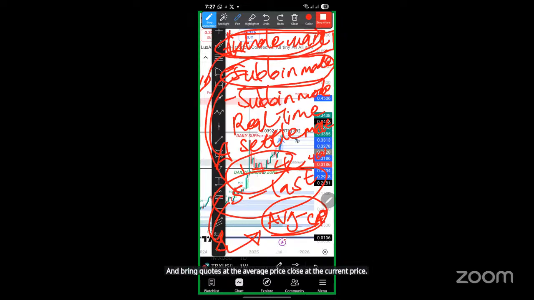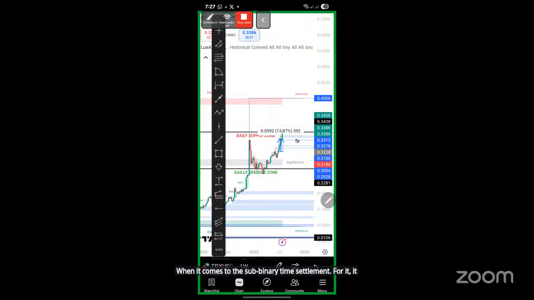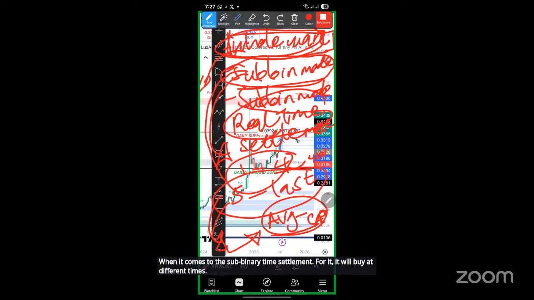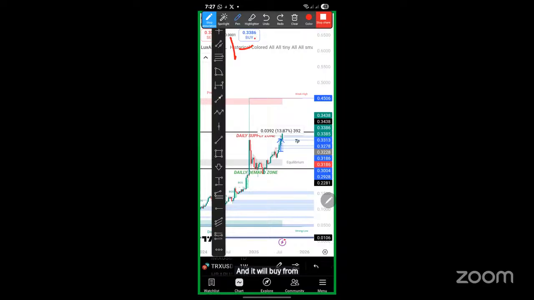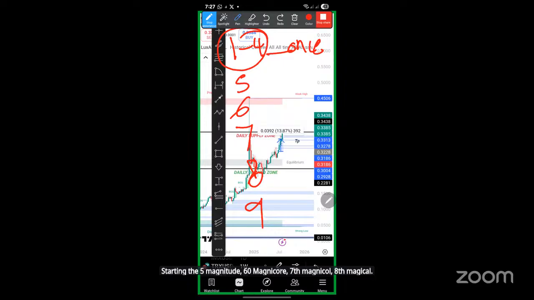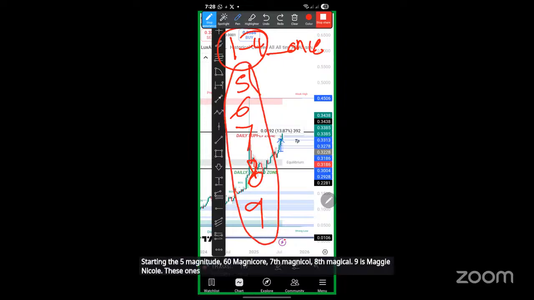When it comes to the sub-bin mode with real-time settlement, it will buy at different times, from 1 to 4 margin calls, and sell them at once. Starting from the 5th margin call, 6th, 7th, 8th, 9th, these ones will be sold separately.